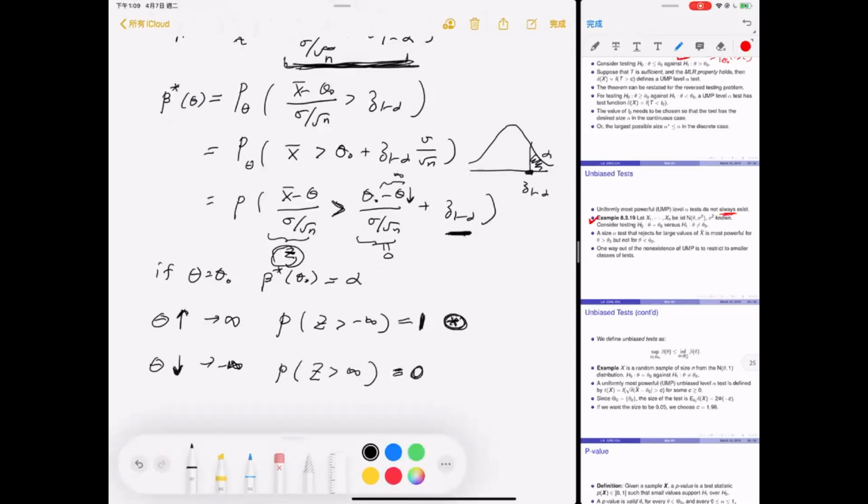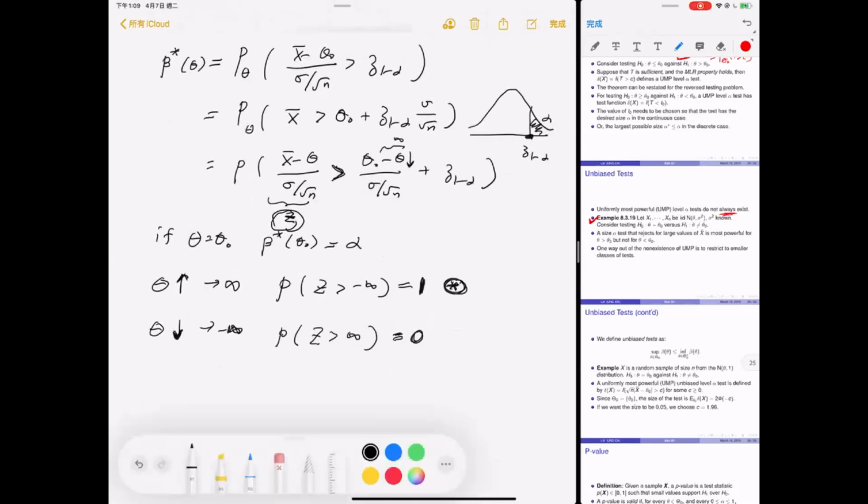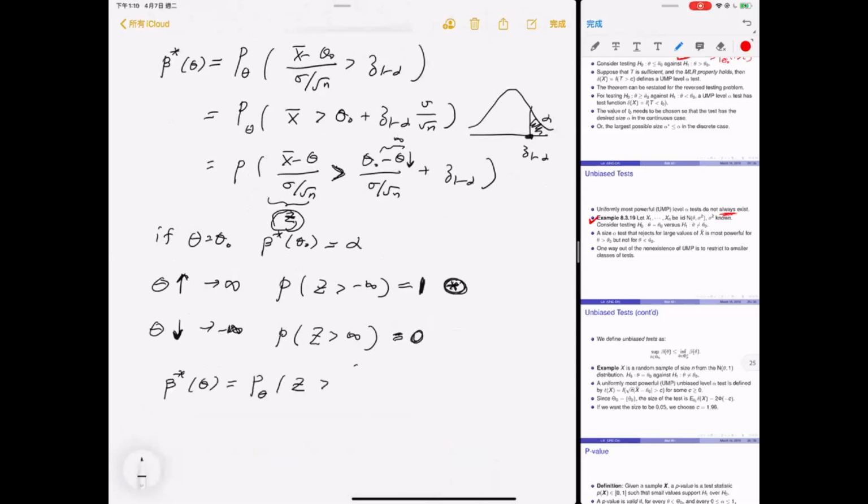This is the probability of Z bigger than theta 0 minus theta, divided by, plus z 1 minus alpha. I want to write this right so we'll be able to see it more clearly.